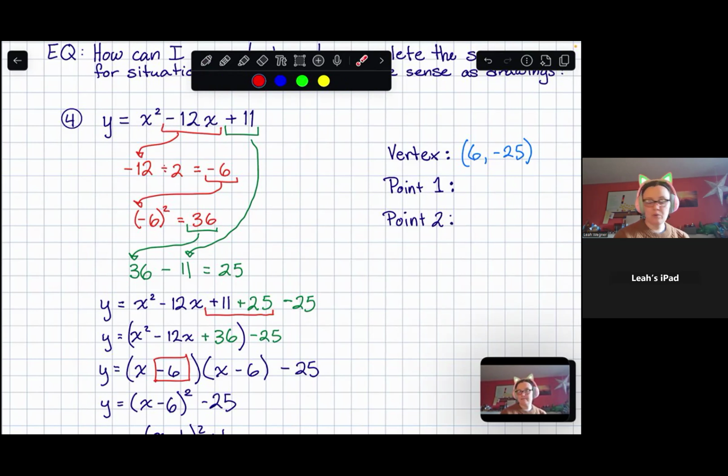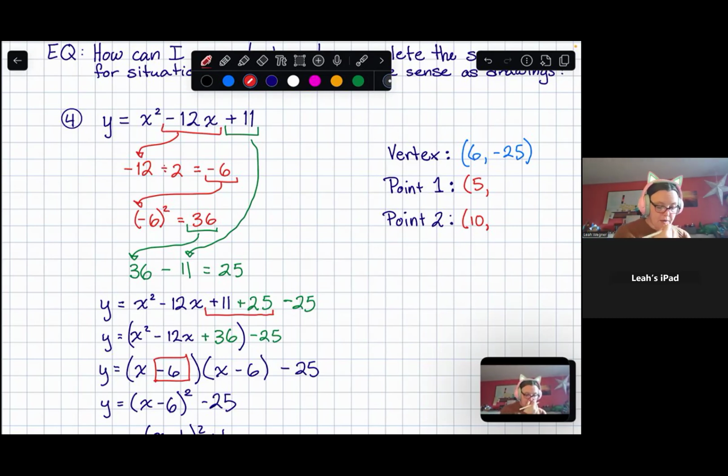It shouldn't matter which one we pick. So I'll do 5 for my lower value. Maybe I'll do 10 for my higher value. The goal here is just to keep them kind of close because if you get really far away from the vertex, it's going to be hard to graph.